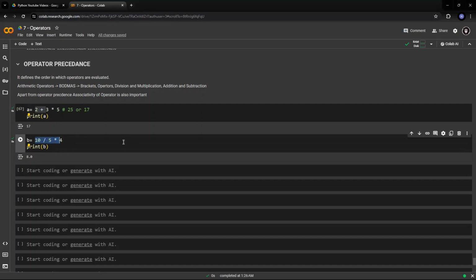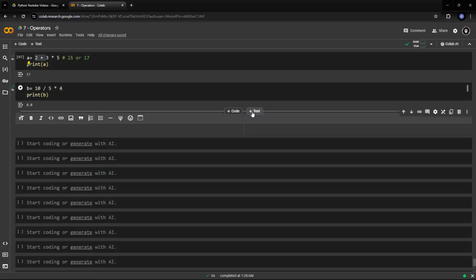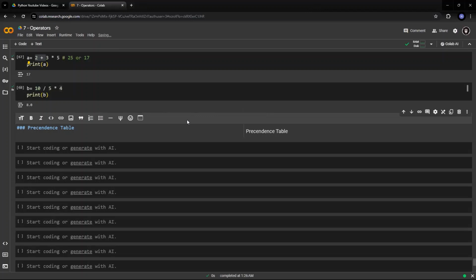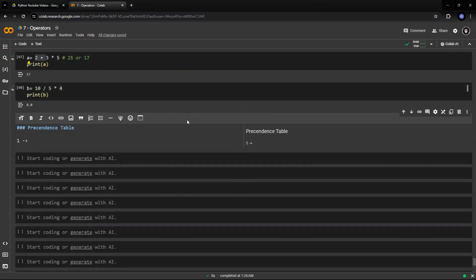Now, in order to understand the precedence and associativity, we need to understand the precedence table. As per serial number, it will give the precedence.